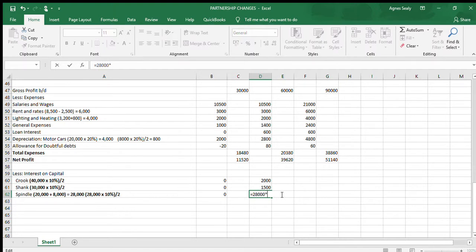So interest on capital for Crook $2,000, Shank $1,500, and Spindle $1,400.